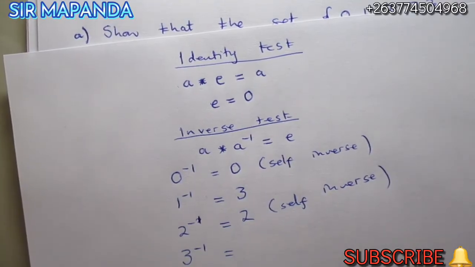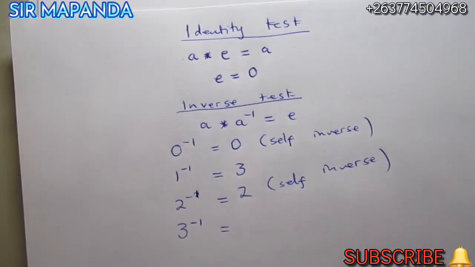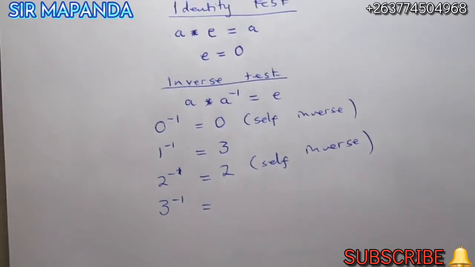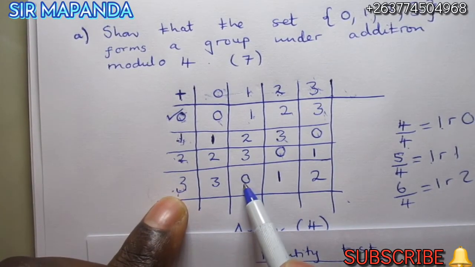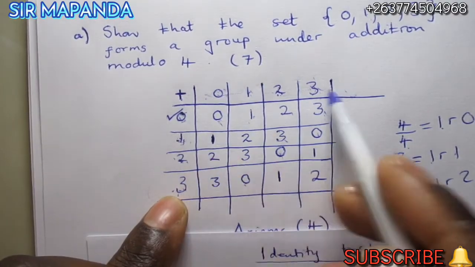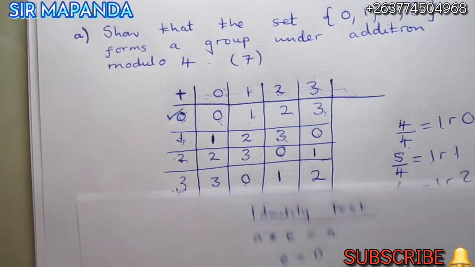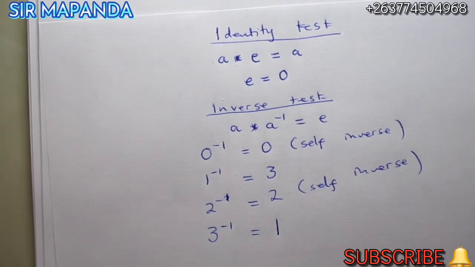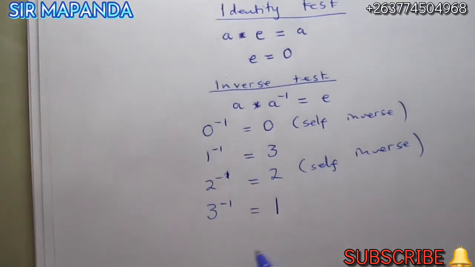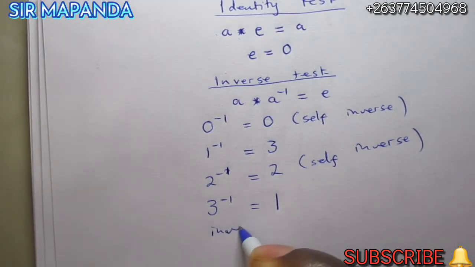I hope you are following, class. Then we move on to the last one, which is the inverse of 3. This is 3, and this is our identity element 0. The number on the top row aligned to 0 is 1. So the inverse of 3 is 1. I hope you are following. Since each and every number in the given set is producing an inverse, it means inverse is satisfied.